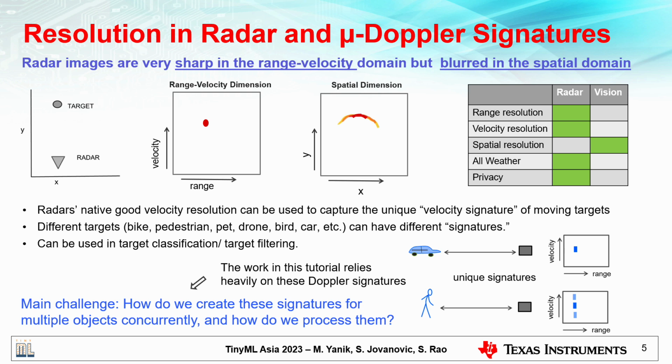If you look at these Doppler reflections, you can see distinguishable features between different kinds of target objects, and this work focuses on the Doppler information that we receive from different targets.